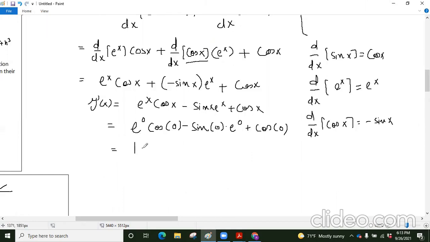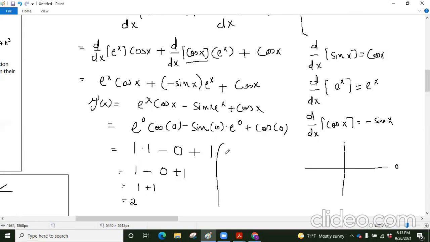Cosine of 0 is 1. Minus sine of 0. What is sine of 0? What is the y value at 0 degrees on the unit circle? Well, it's 0. Times 1, which is 0, plus 1. So you have 1 minus 0 plus 1, which is equal to 2.